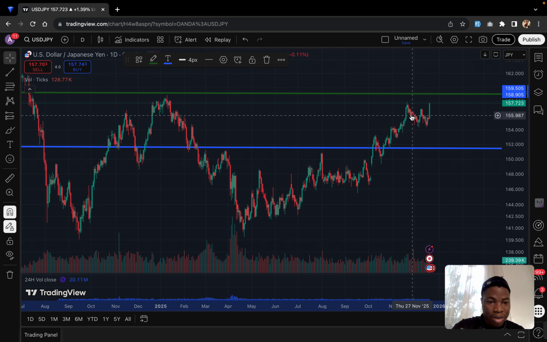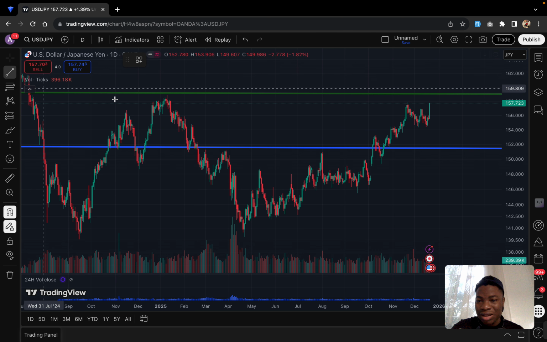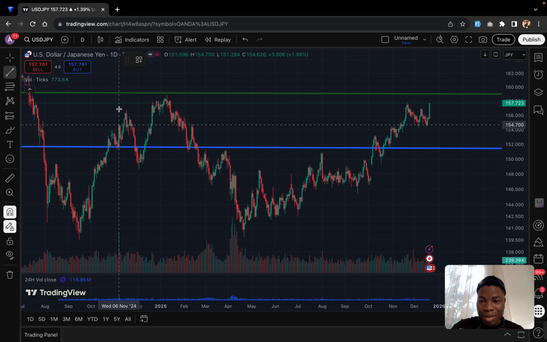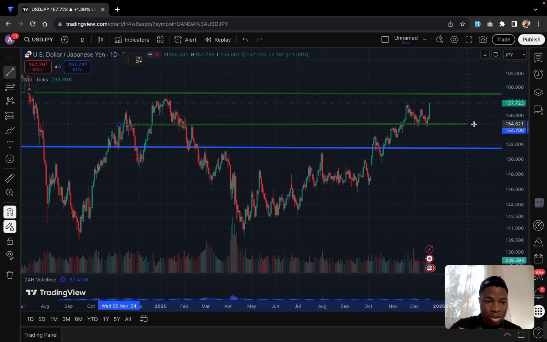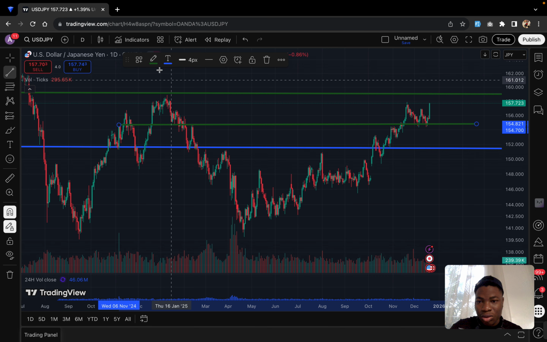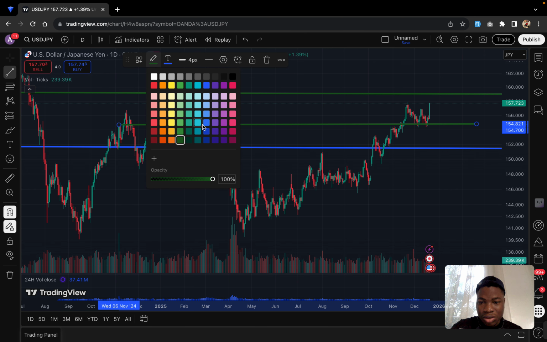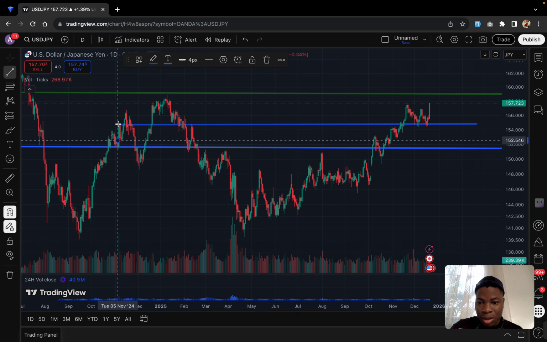It came here and got to this point. If you also want to draw another mental level, you can draw a line here and say this is the support on weekly. For this other one, I will just use something like light blue.